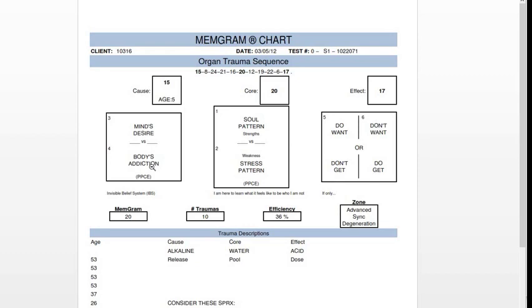So what we're saying here is that where the core dichotomy is your soul pattern versus your stress pattern, plan for your life versus the plan against your life, your cause dichotomy is that your body is addicted to exactly the opposite of what your mind desires, because it confuses intensity with happiness. Your mind's desire stems from your soul pattern. You have a mind's desire for your life. Where do you get that? Well, it's because of who you are. It's because of your soul pattern.